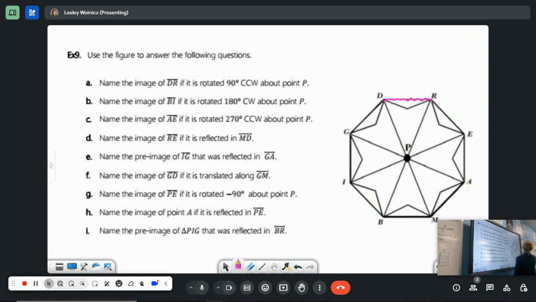You guys see that if I look at this little triangle and think about how many positions it could have, there's 1, 2, 3, 4, 5, 6, 7, 8. So if you think about the rotational symmetry for this geometric object, what is its order? 8.